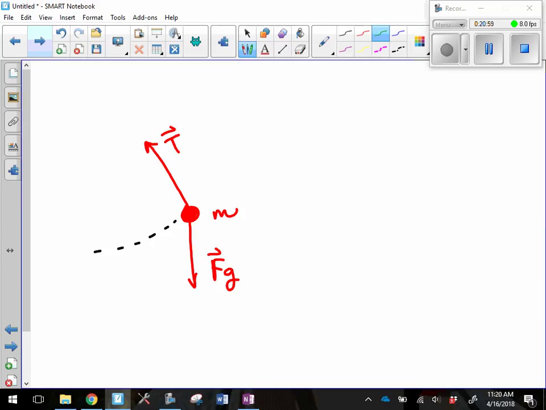And restoring force is often kind of like centripetal force. It's not a force that we put in a free body diagram. It's the result of other things. So when we have a mass on the spring, the restoring force is the spring force. And when we have a swinging pendulum, the restoring force is what I'm going to call the tangential component, so FGT, of the gravitational force.